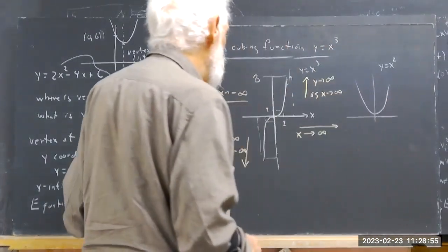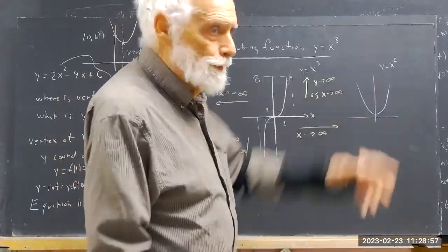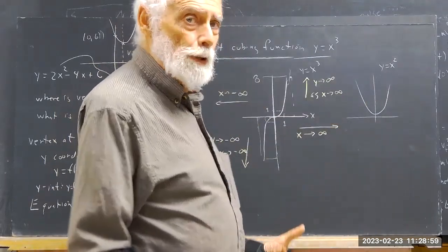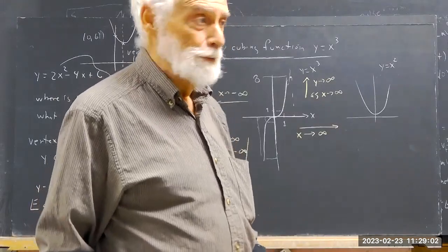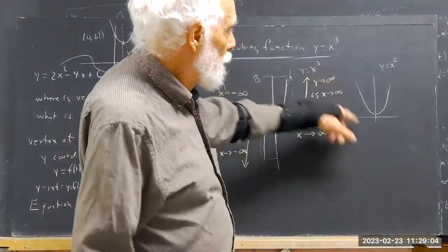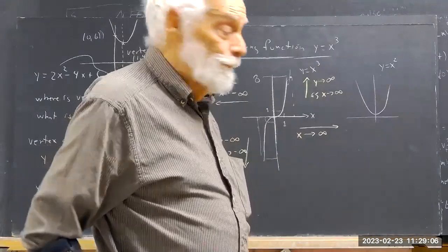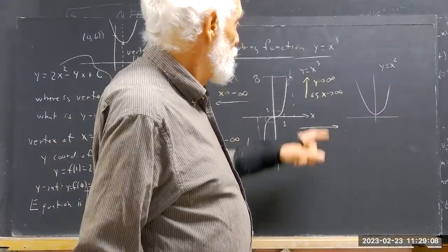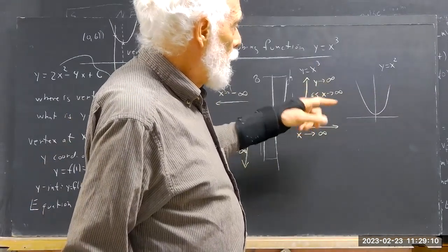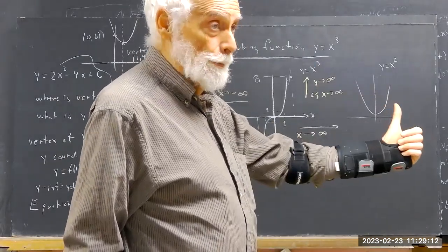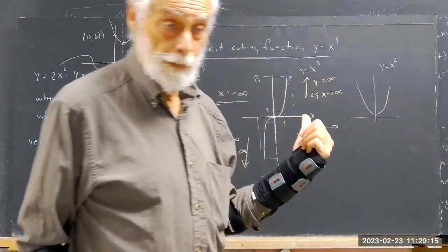Now, again, we don't do anything meticulous. We don't have time for meticulousness. Just sketch a graph of the x squared function and tell me what happens to y as x goes to infinity and what happens to y as x goes to negative infinity.